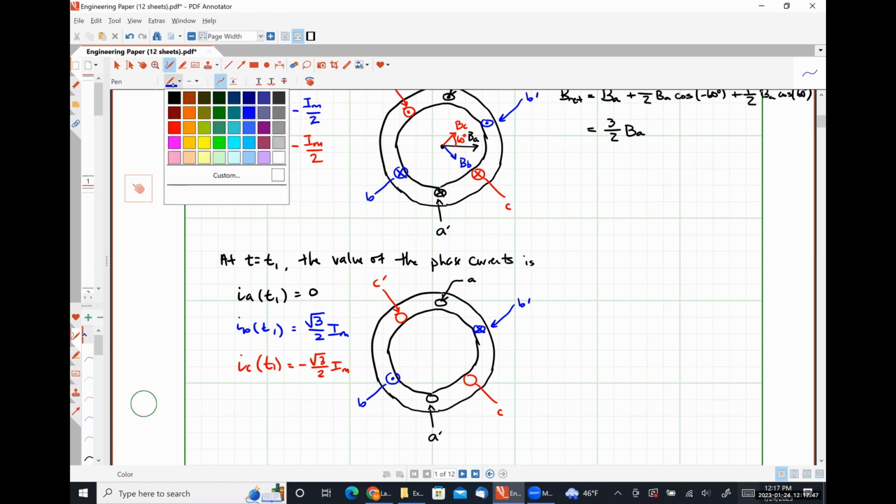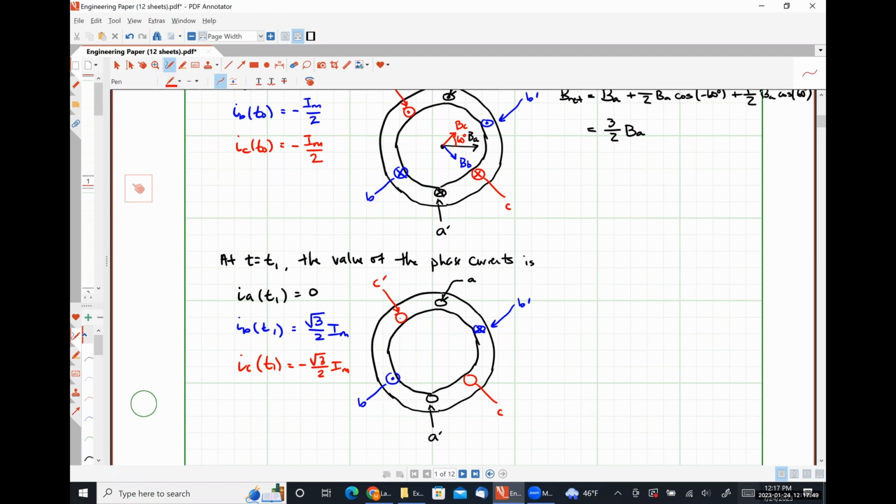Our C phase is carrying negative current, so C prime is going to have a dot and C is going to have a cross. So what are our fields going to look like? Well, our field due to the A coil is going to be 0. So there's no contributing thing there, right?